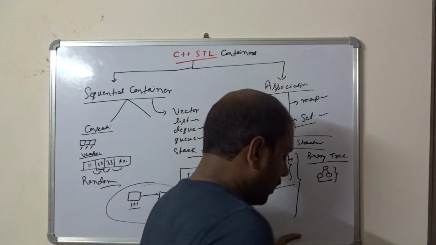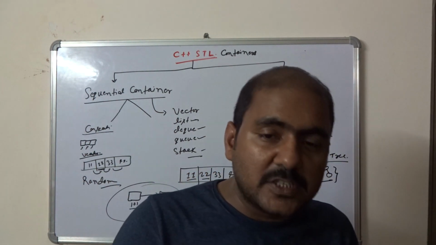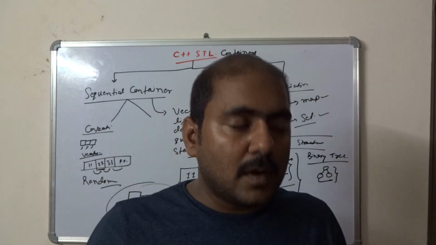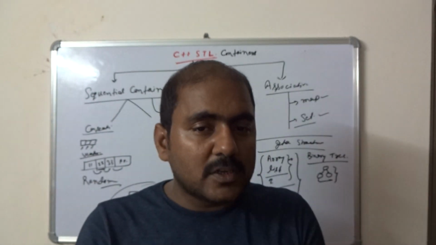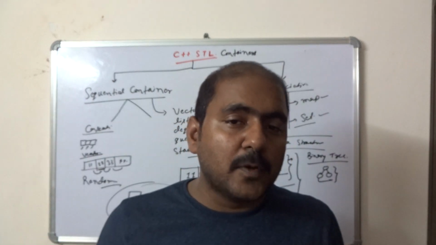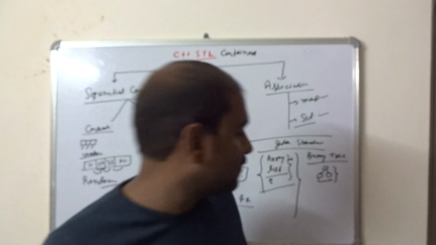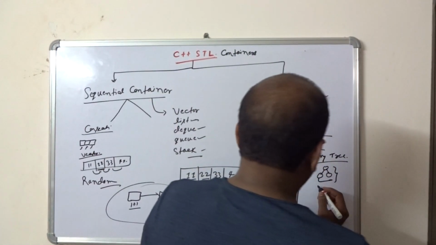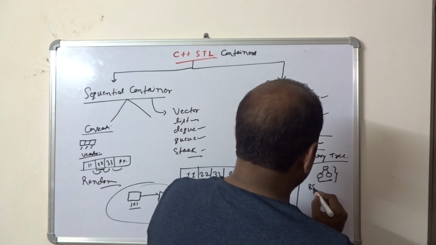Now, the binary tree had some disadvantages because a binary tree is not balanced. So people started to apply some balancing algorithms on the binary tree, and they applied the BST, binary search tree.